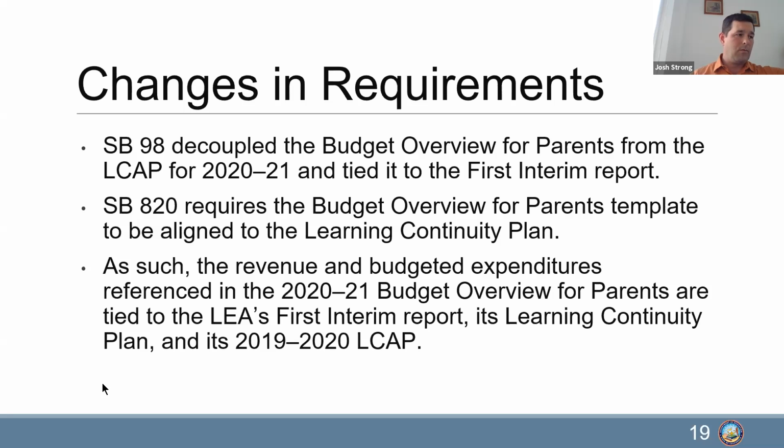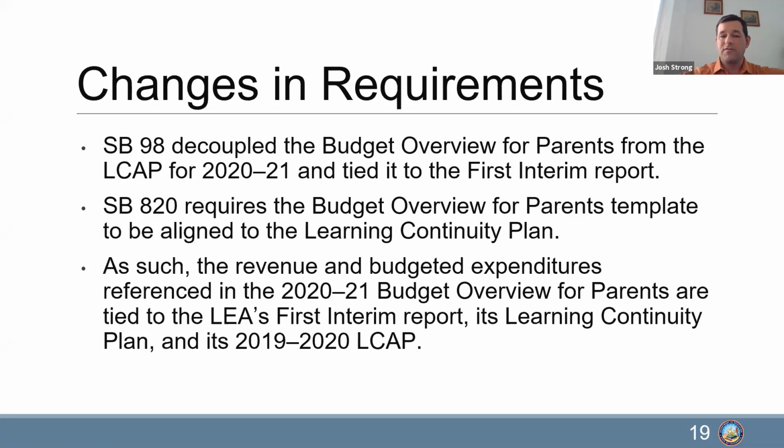So I want to review some of the changes and requirements because this has informed the recommendation that we're putting forth related to this. So everybody remember that Senate Bill 98 decoupled the budget overview for parents from the LCAP for the 2020-21 school year.